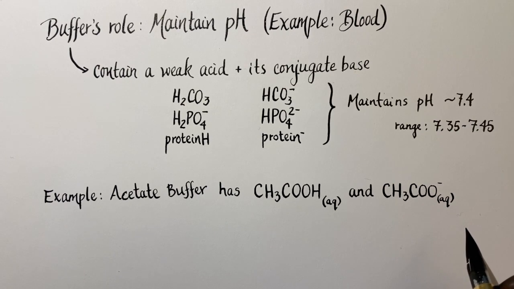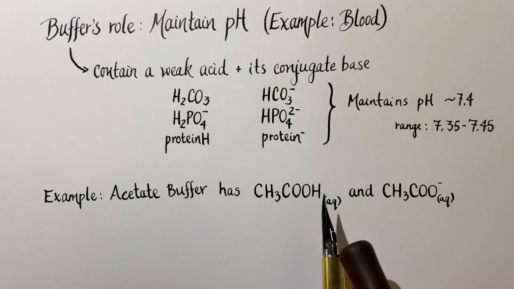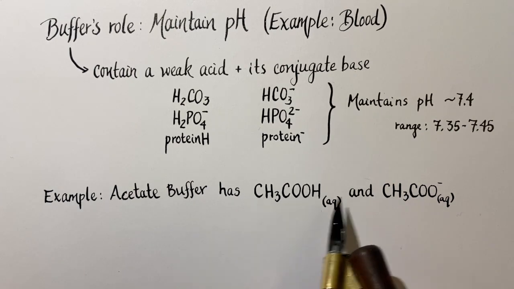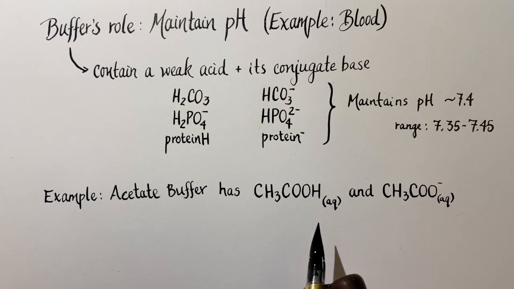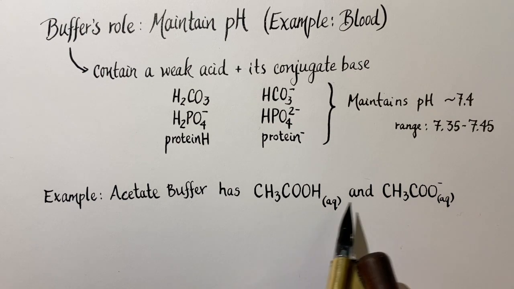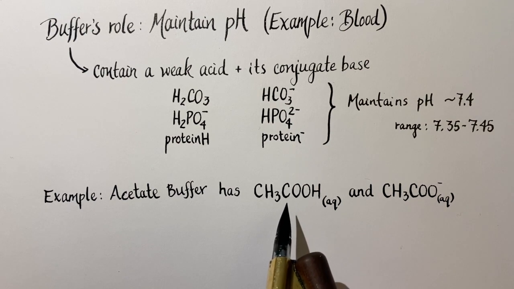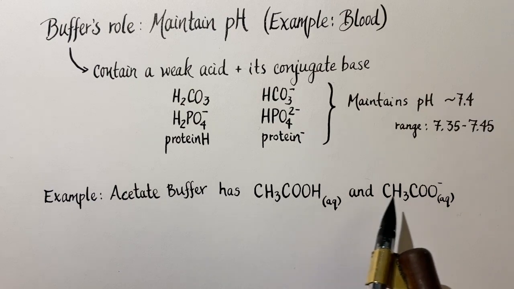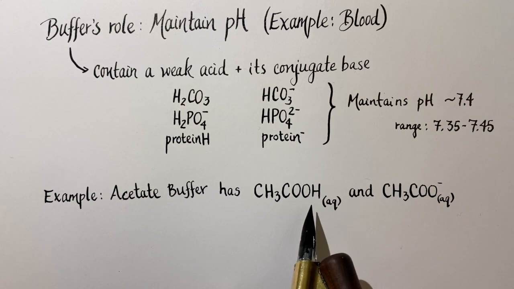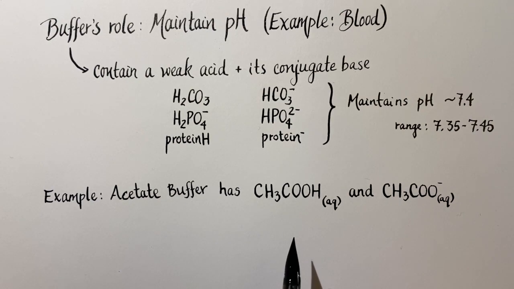Now, these are going to exist in roughly equal proportions, but we don't know the exact proportions until we've decided what we want the pH to be, or given a certain proportion, then we can calculate what the pH is.